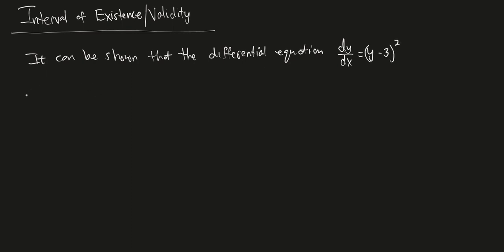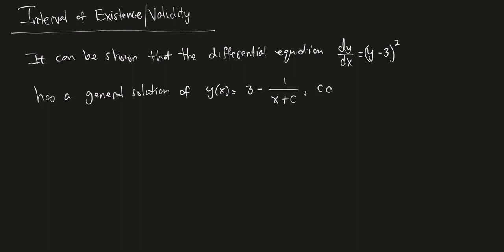So that differential equation has a general solution of the form, and it's this function: y equals 3 minus 1 over (x plus c), where c is some real number.